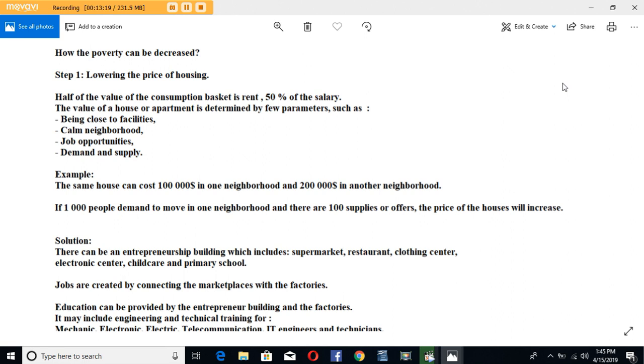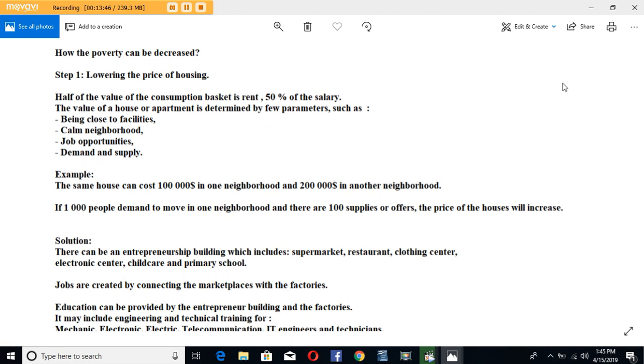If 1,000 people demand to move into one neighborhood and there are 100 supplies or offers, the price of the houses will increase. Solution: there can be an entrepreneurship building which includes supermarket, restaurant, clothing center, electronics center, childcare and primary school. Jobs are created by connecting the marketplaces with the factories.